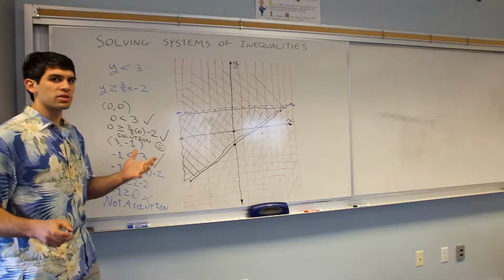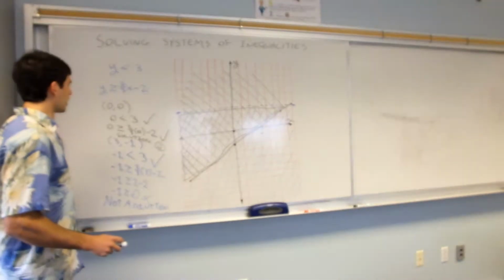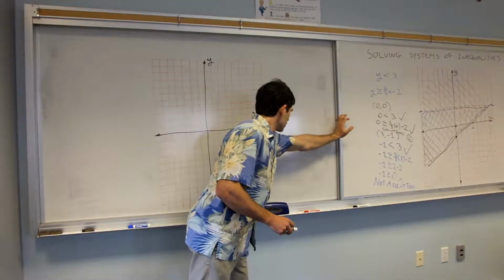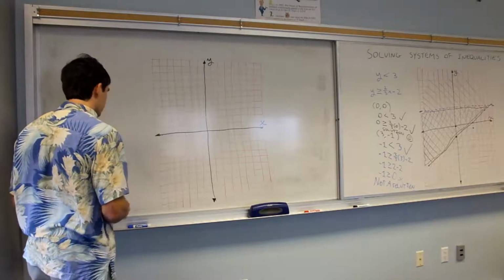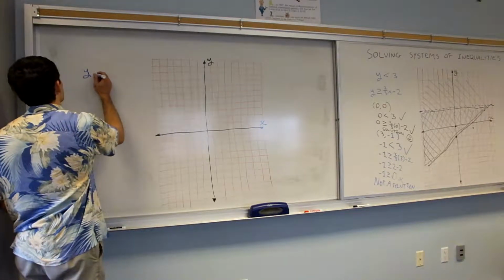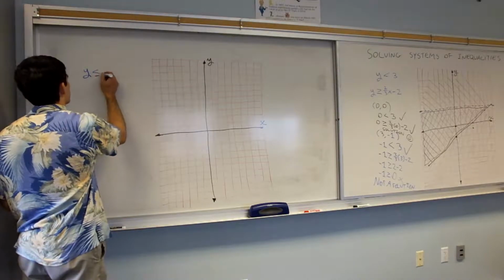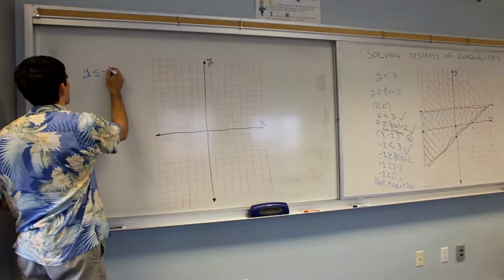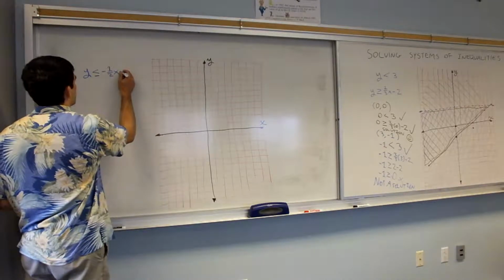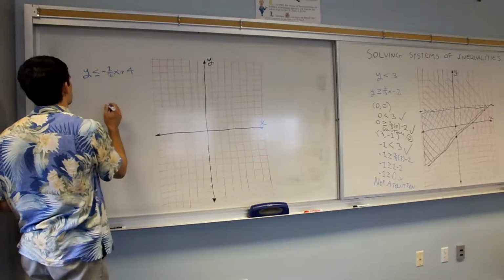So now let's just run through one more quick example. So why don't we do y is less than or equal to -1/2 x plus 4.